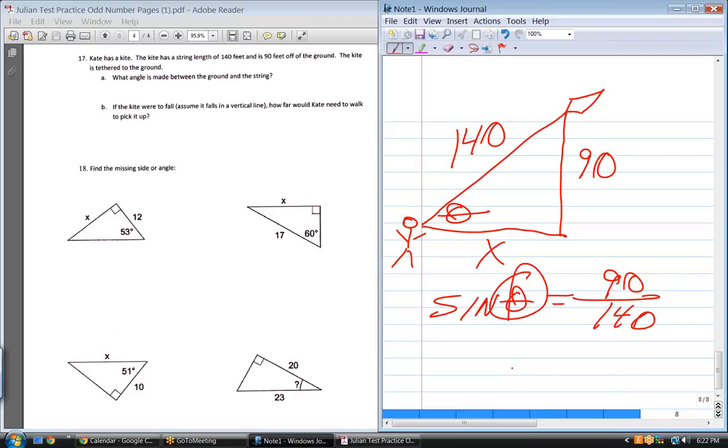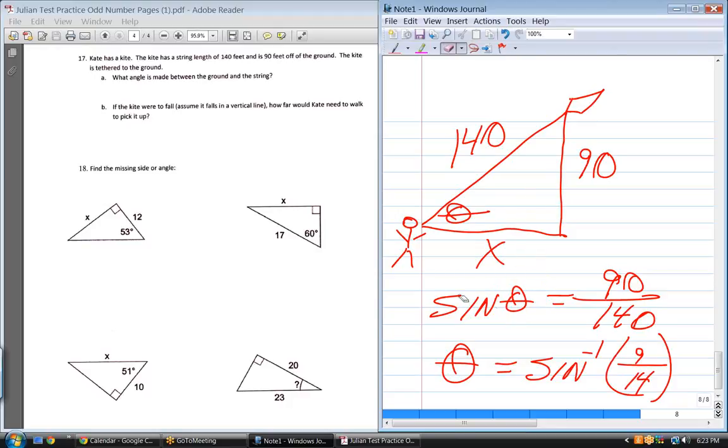But if I'm solving for theta, then theta equals what? Remember, when you're solving for angles, you always are going to use the inverse. The inverse cosine? No, not the inverse cosine, the inverse sine. It's got to be the same thing.